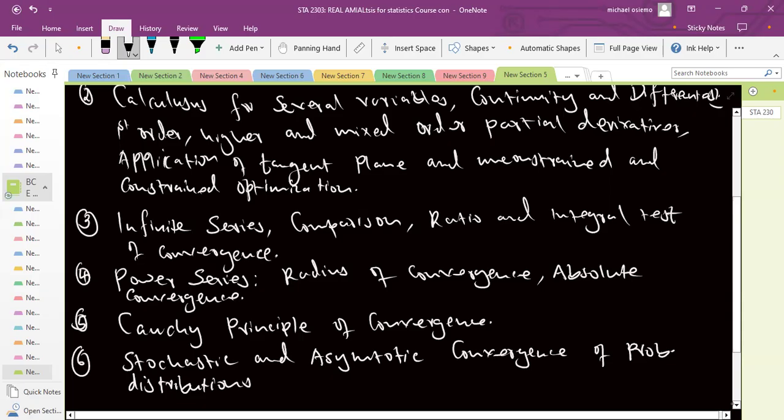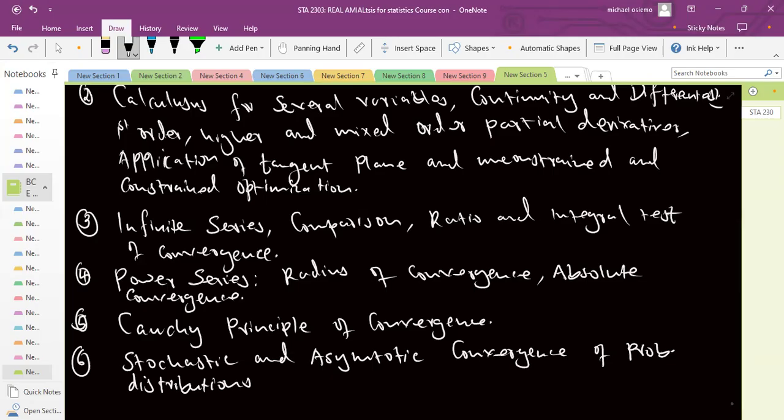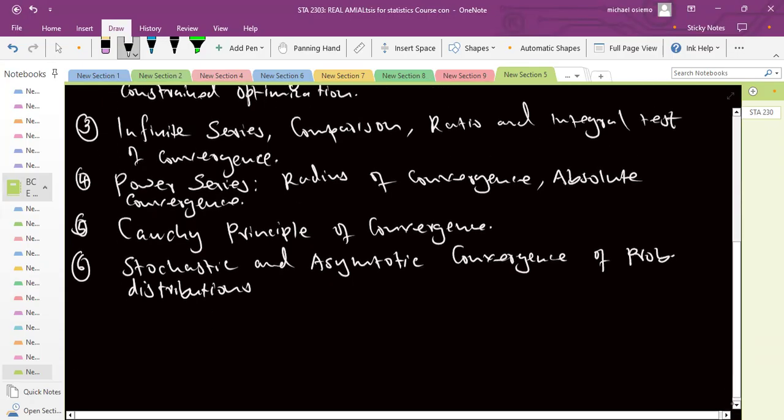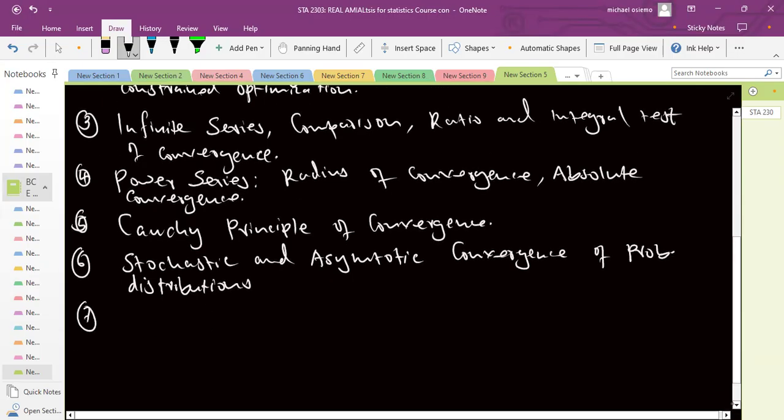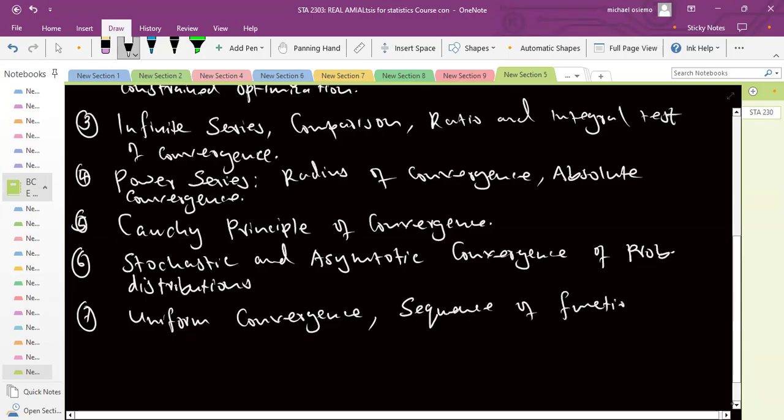Also, number 7, uniform convergence. We also have sequence of functions and series.